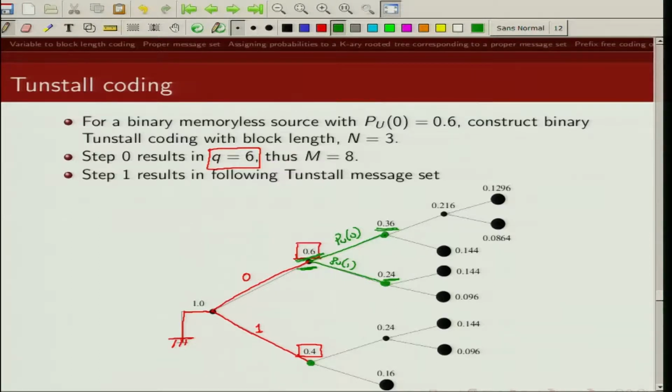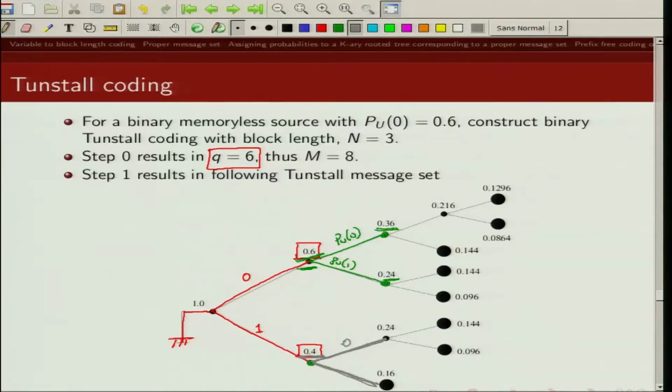Now let's do the second extension. If I do the second extension, what do I have? I have 0.36, 0.24 and 0.4. So I am going to extend this leaf which has probability 0.4. If I extend this leaf, it becomes a node and the extension is like this.